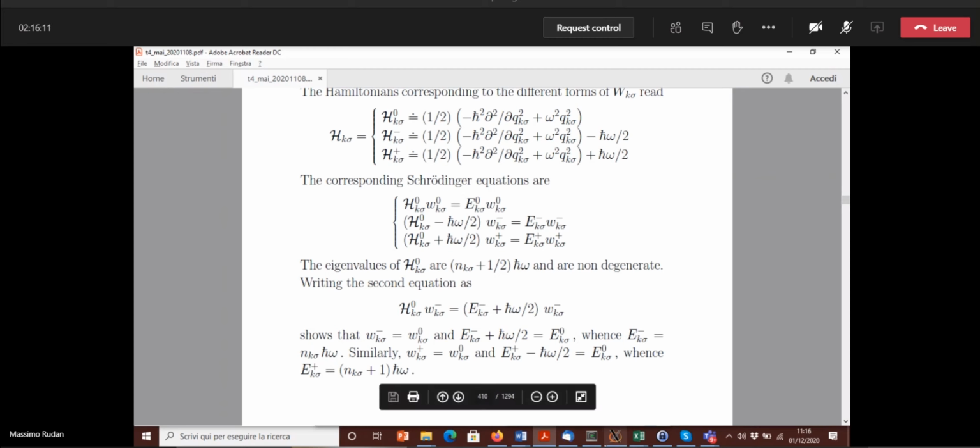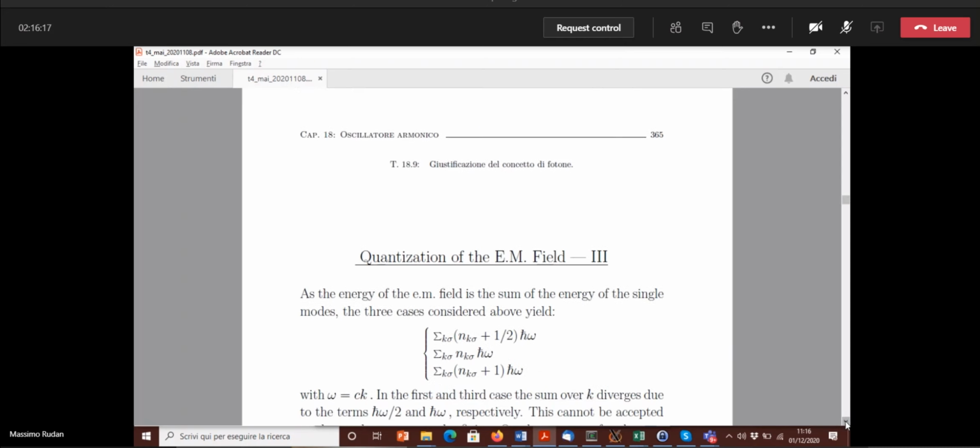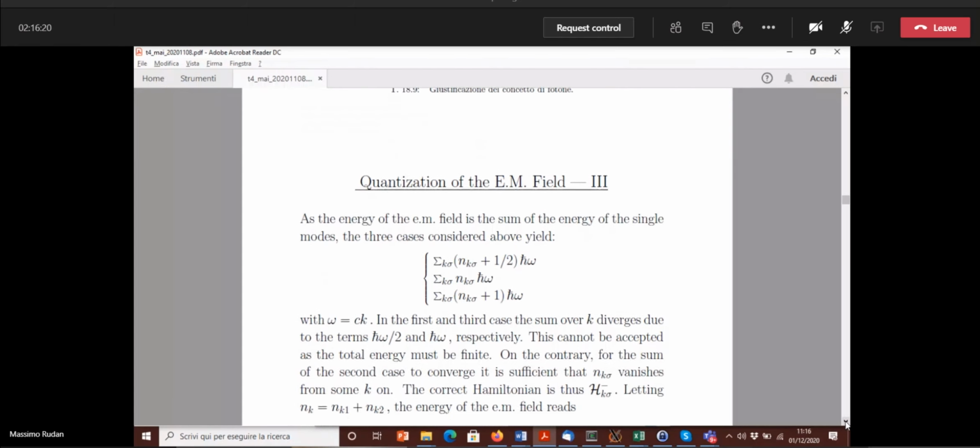Again, we have to do it 3 times because we have, for the moment, 3 possible expressions and we don't know which is the correct one.